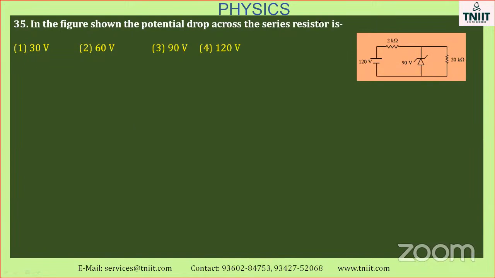In the figure shown, what is the potential drop across the series resistor? This is a Zener diode, right? You know that the Zener diode is going to be used as a voltage regulator. Whatever input voltage you are giving is the applied voltage plus the Zener voltage. Applied voltage is 120.